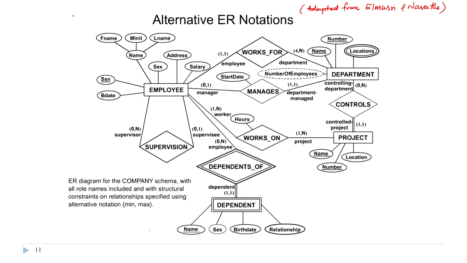So, in this case, the employee is one entity, department is another entity, and project is a third entity. Then we have a weak entity, which is the dependent.